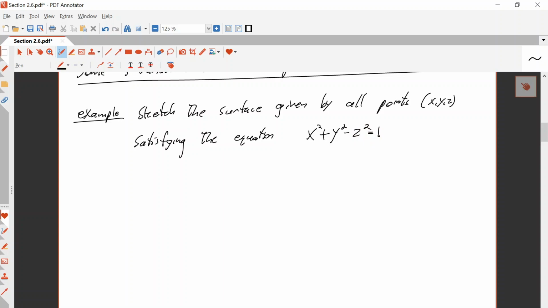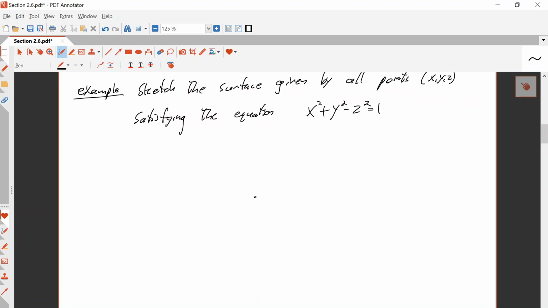Okay? All right. So what we're going to do, okay, it's a 3 variable equation. But what I want to do is I want to reduce it to a 2 variable equation. Okay, we reduce to a 2 variable equation by just setting z equal to some number.